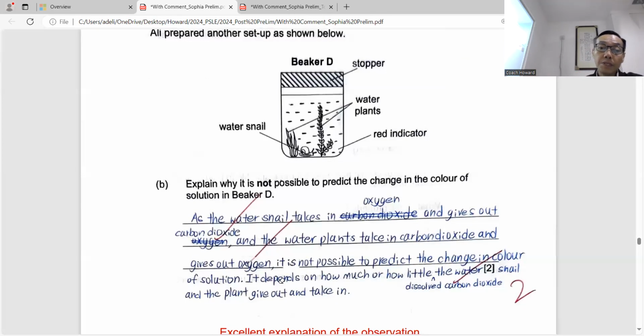Why? Because it depends. So she wrote her reason here very well. It depends on how much or how little. There's a comparison: how little or how much dissolved carbon dioxide the water snail and the plant give out and take in.